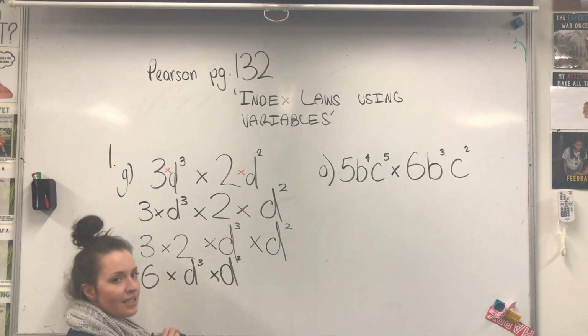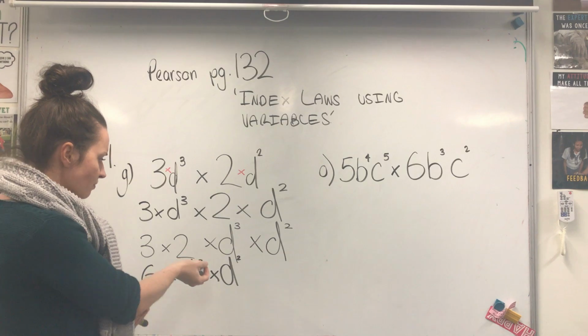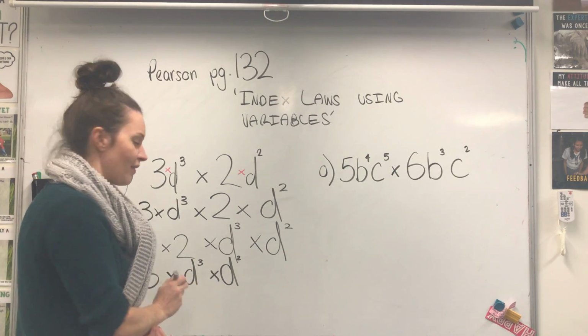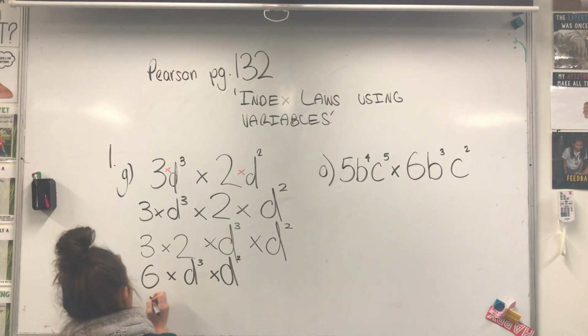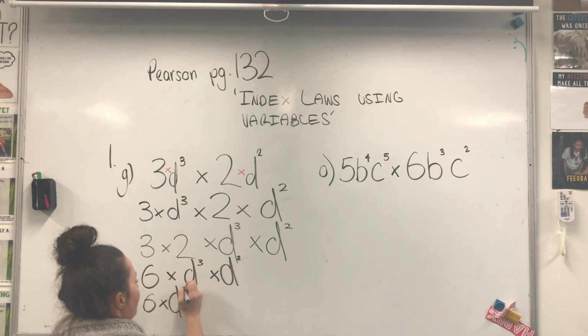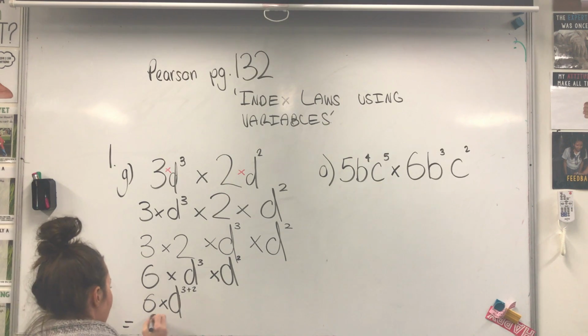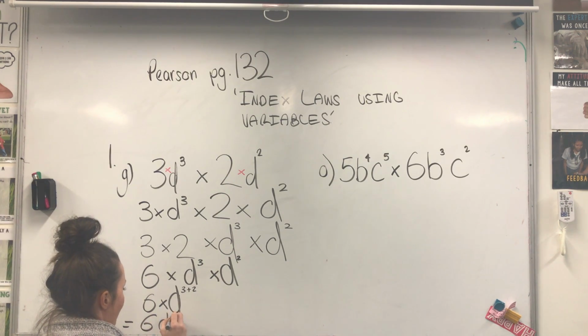So this goes back to index law 1, where effectively what I do is I add my indices together. So new line, 6 times d to the power of 3 add 2, equals 6d5.